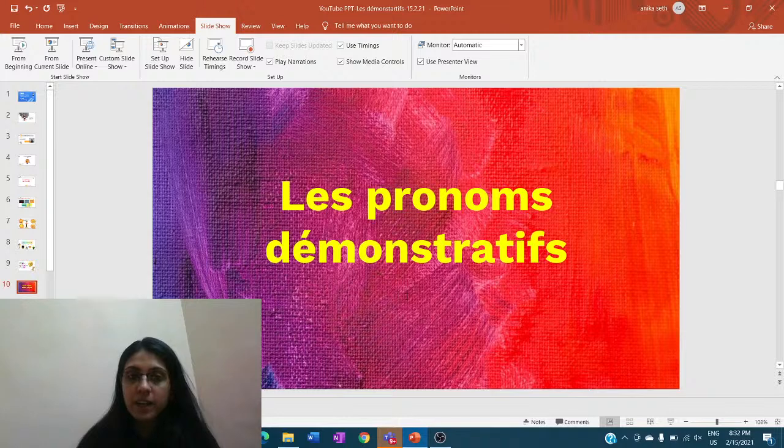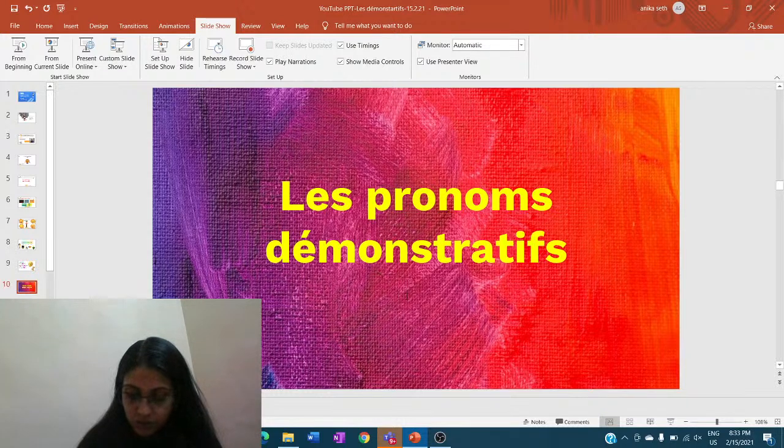So, as we said, demonstrative adjectives are the ones which are used to denote or identify the noun. Demonstrative pronouns are the ones which identify the noun which has already been mentioned. So, what is the function of a pronoun? It is to replace the noun.